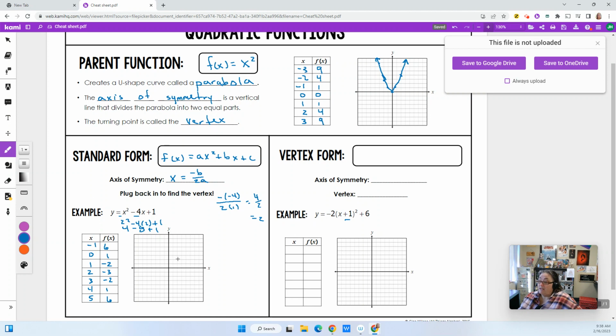And then we can go ahead and plot all those points. At -1, I have a point at 1, 2, 3, 4, 5, 6. At 0, I have a point at 1. At 1, I have a point at -2. And then at 2, we have a point at -3.